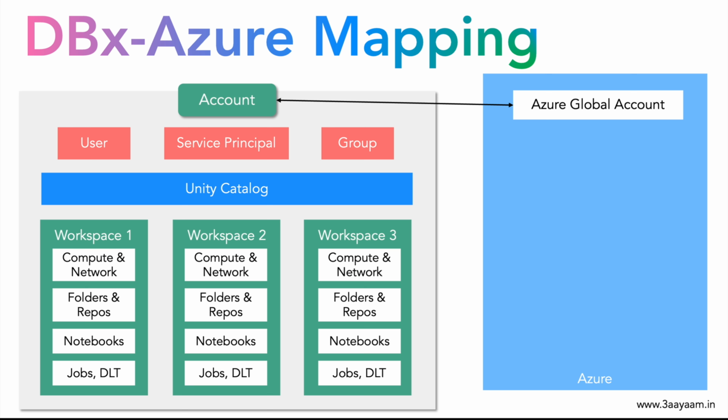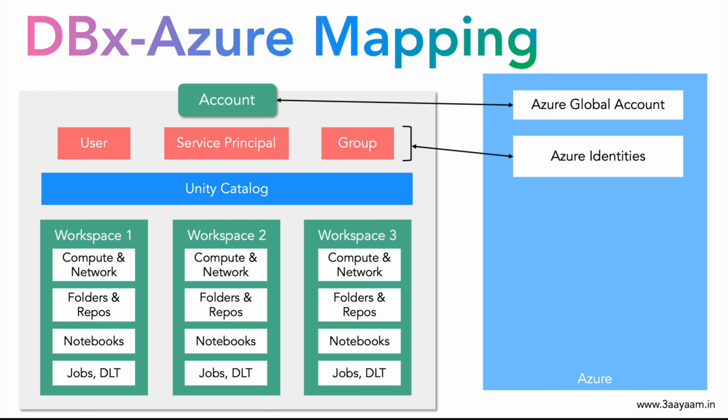But the problem is that the Databricks account that we log in to is using the Azure Global Principal ID, which is hosted on Microsoft AD or Microsoft Entra. So that's why the identities in Databricks cannot live in isolation. We'll have to use the Azure identities to create the identities in Databricks also. So all these users, service principals, groups, etc., will be mapped to the Azure identities.